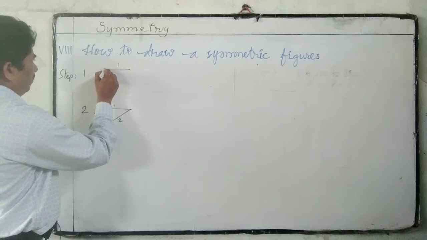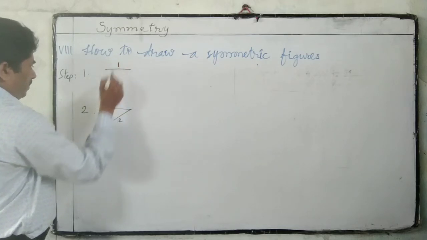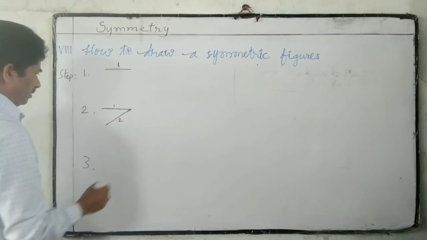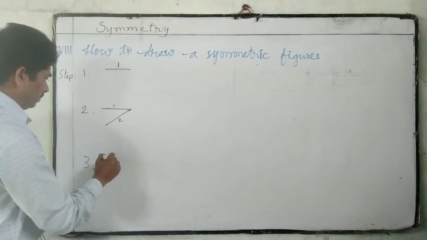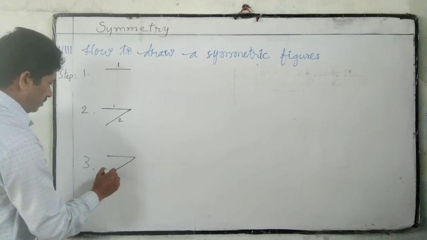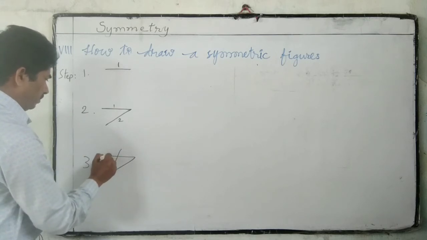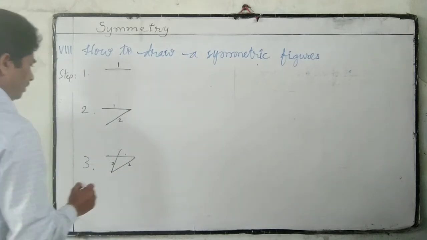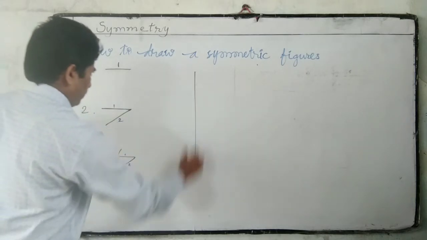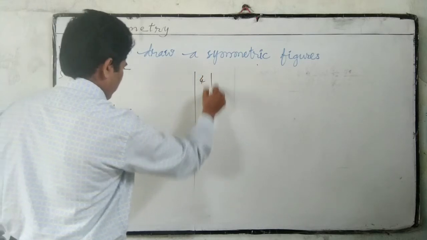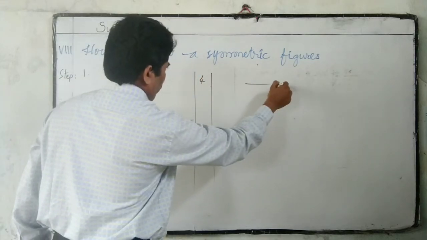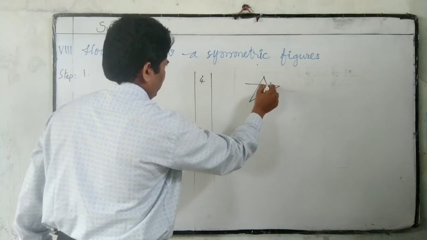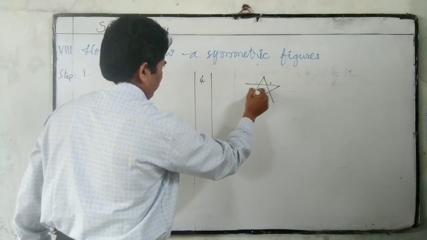Let us draw one more figure. Here one line is given, here two lines, here three, 1, 2, 3. 1, 2, 3, 4. This is 1, this is 2, this is 3, this is 4.